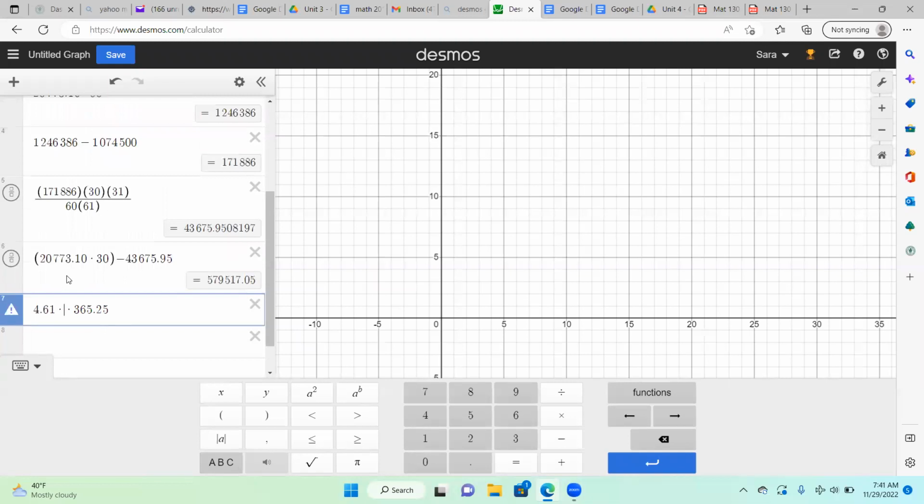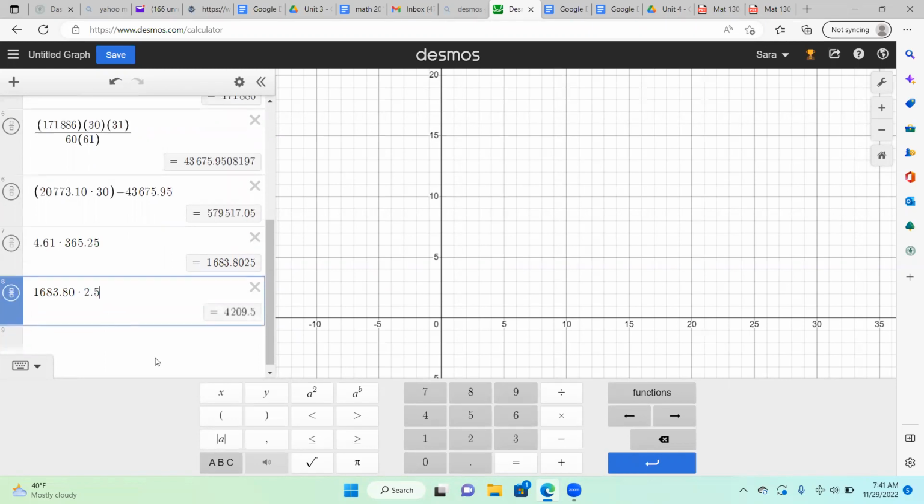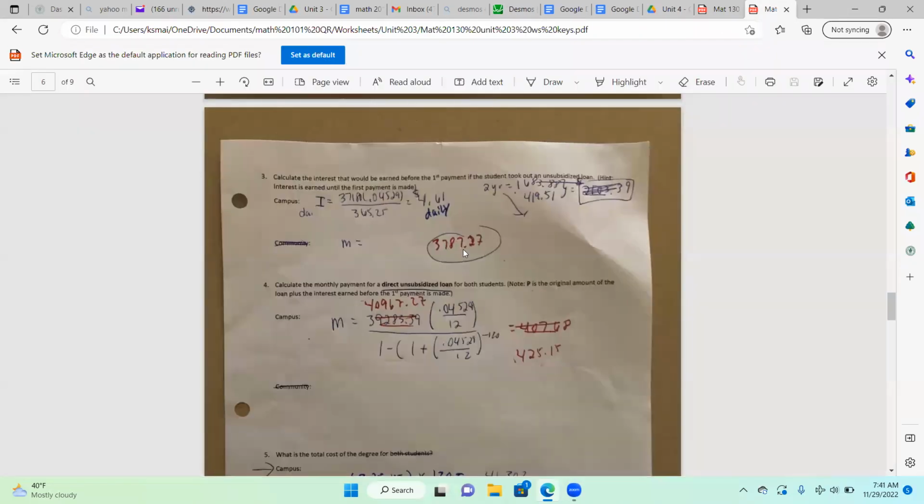Whoops. That's for 1 year. So 1,683.80 times 2.5 years. So it's about $4,209 in interest. We calculated ours a little bit differently, I think, based on the fact that it was maybe not waiting a whole 6 months to start paying.